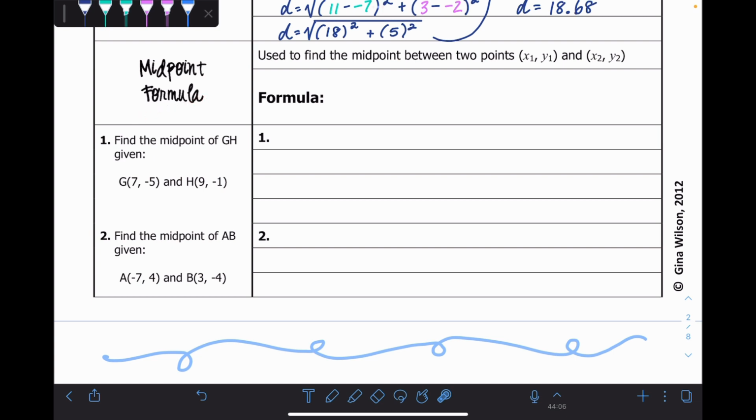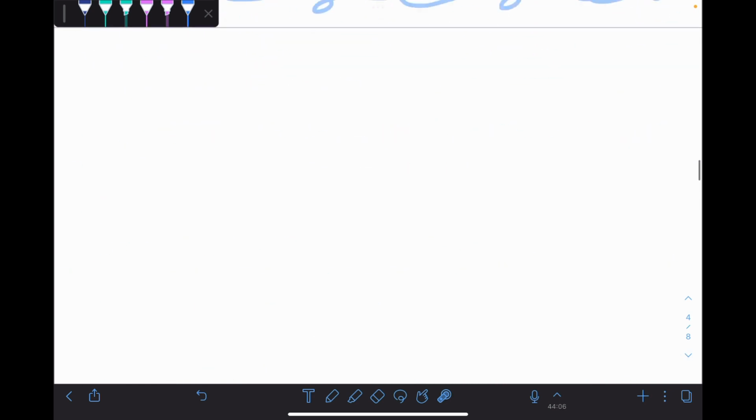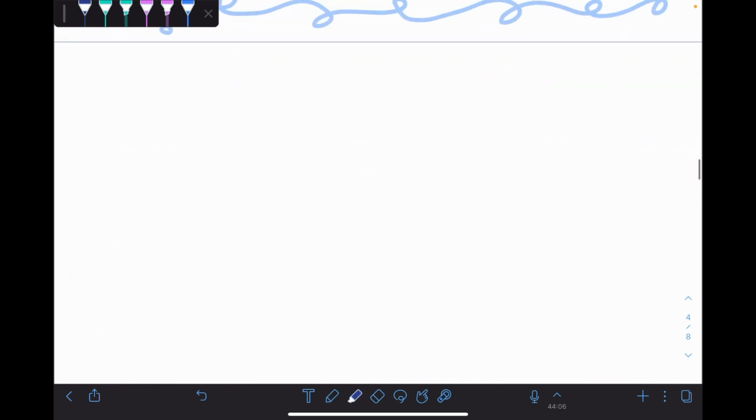But before we get to that, let's rewind and have a think about what the midpoint is. Midpoint. What do you reckon that is?